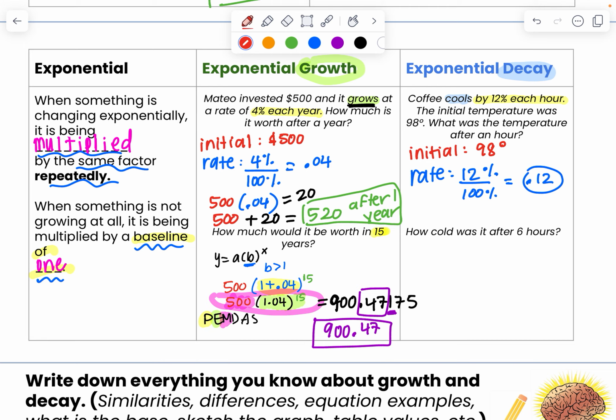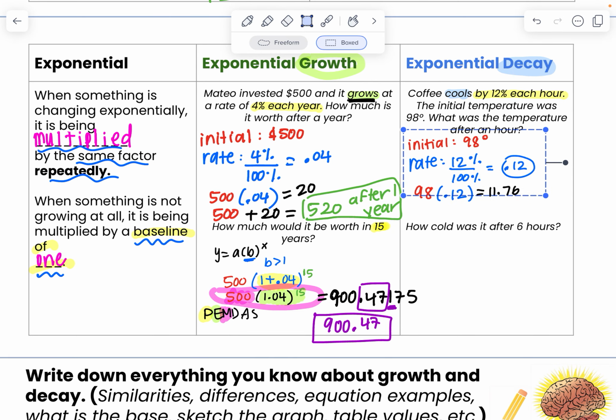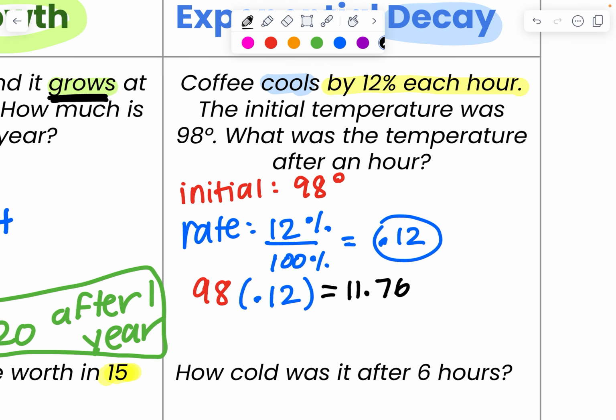I'm going to take my starting amount, 98 degrees. I'm going to multiply it by 12%, and that's going to tell me how much the temperature is cooling within the first hour. That's 11.76. This does not mean my temperature is 11.76. That would be way too little temperature. Remember, since it is cooling, you're also going to need to subtract.